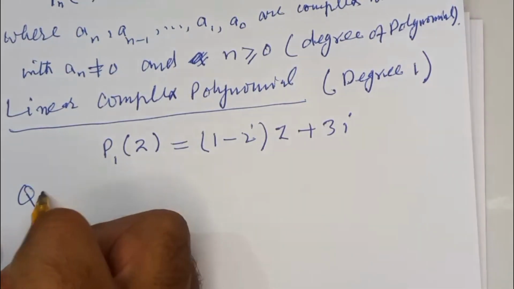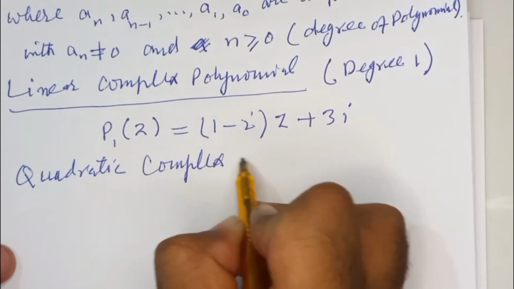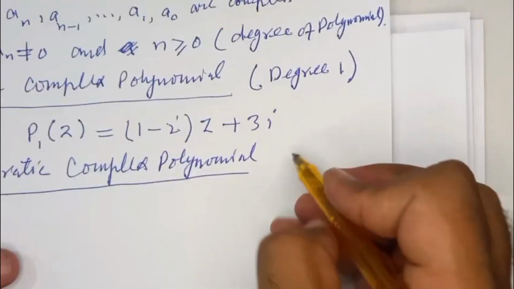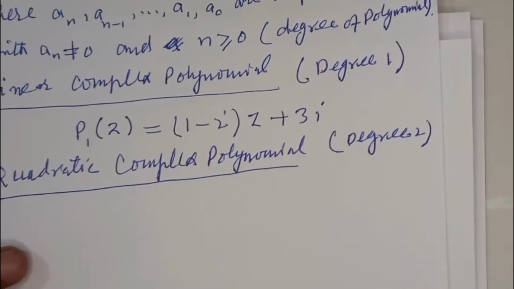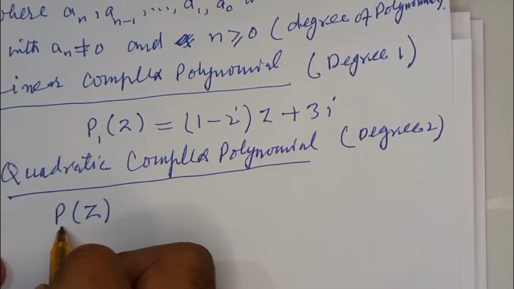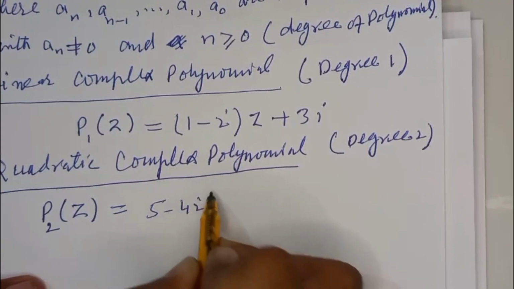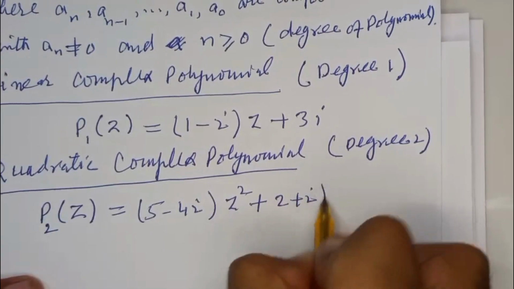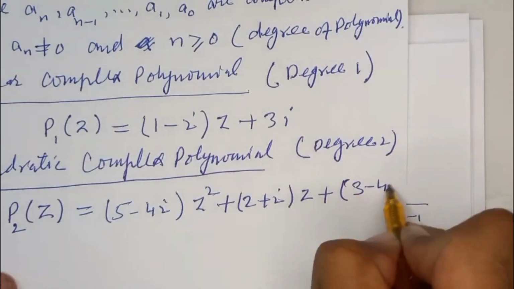Now we discuss the quadratic complex polynomial, which has degree 2. I take up the example: polynomial function in Z of degree 2 is equal to 5 minus 4 iota into Z square plus 2 plus iota into Z plus 3 minus 4 iota.